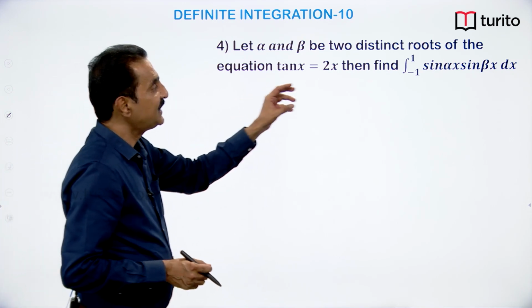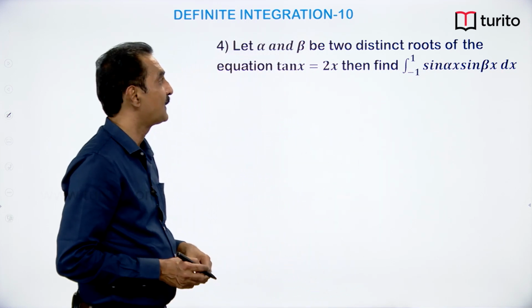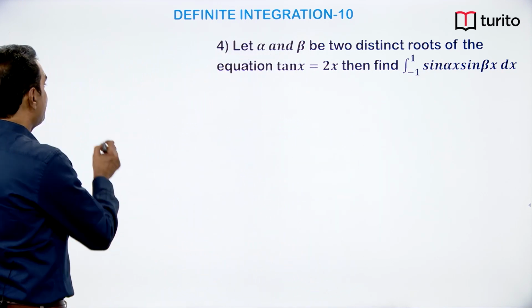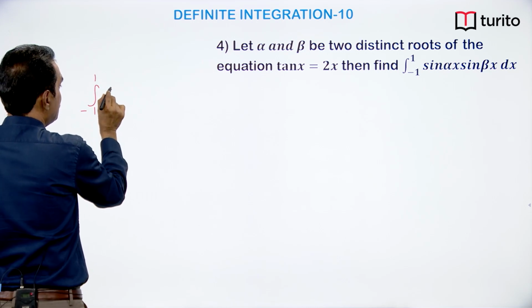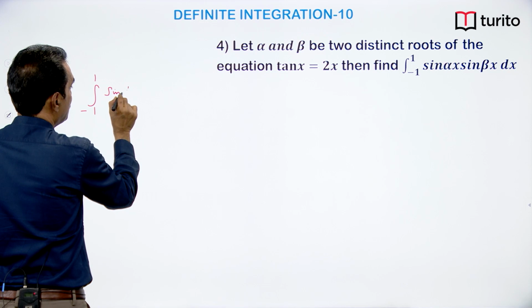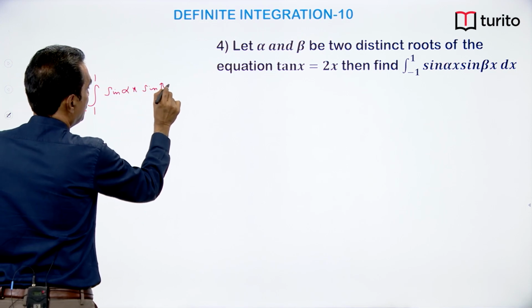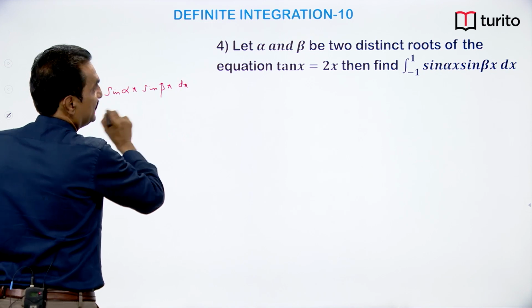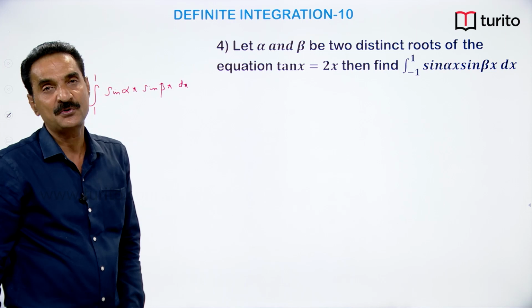First, how to integrate sin alpha x into sin beta x? Integral minus 1 to plus 1. Here alpha and beta are constants, they are the roots of this equation tan x is equal to tan 2x.